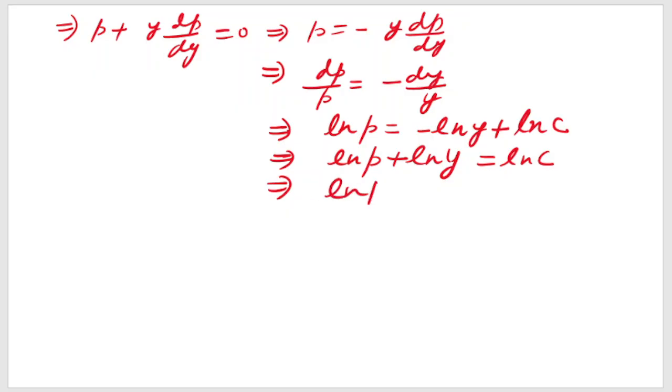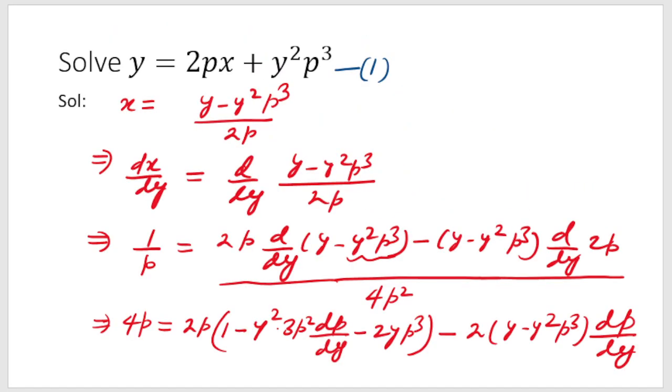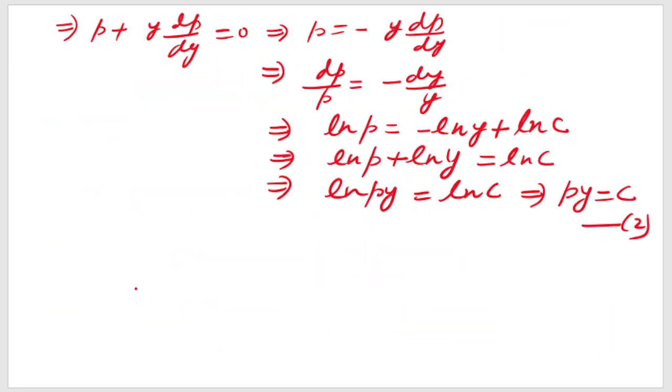So ln py is equal to ln c. So from this I get py is equal to c, and this is my equation number 2. So I have the first equation, that is y is equal to 2px plus y square p cube. This is equation number 1.